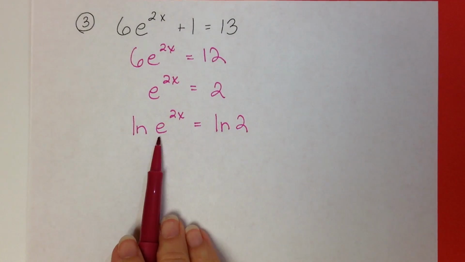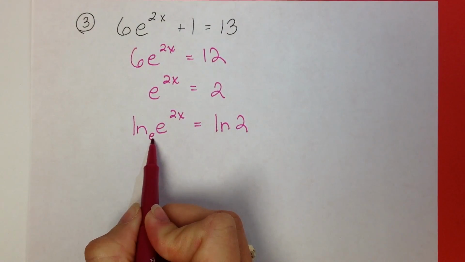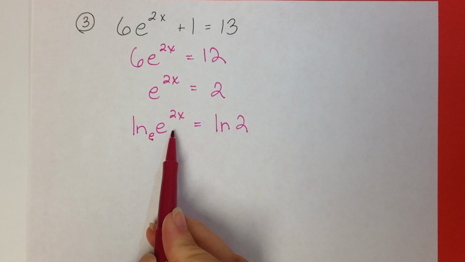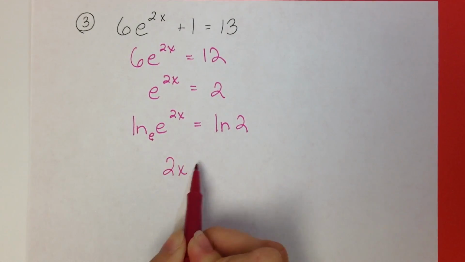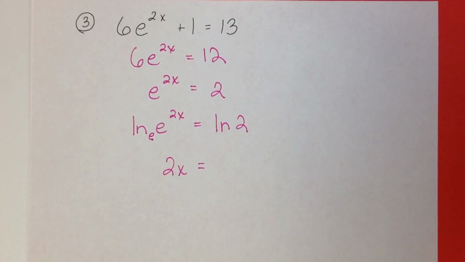So see, since I've got an e here, this left-hand side is just equivalent to just 2x. So you can just pull it down. So actually, these problems that have the e are a little bit easier because of the property that you get to use.